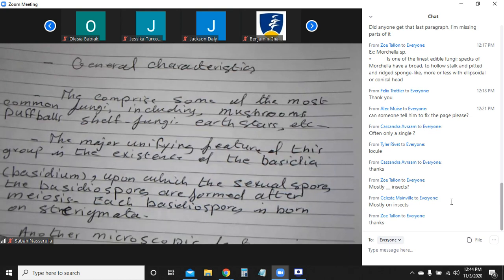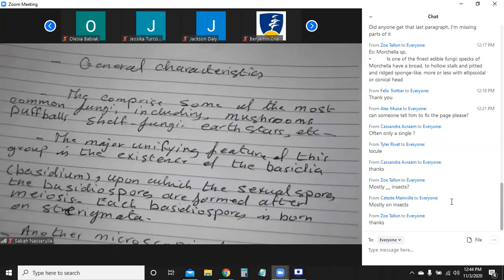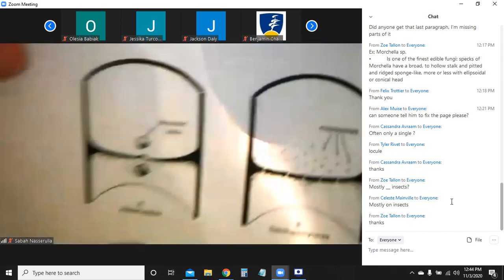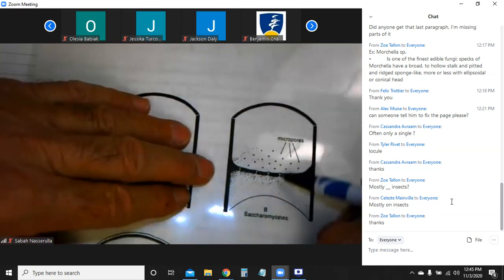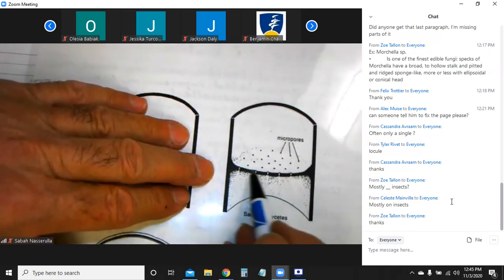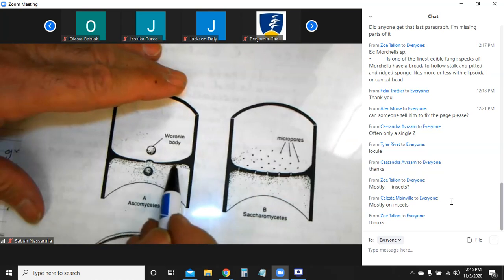Now, there is also a third character, which is regarding the pore, as it shows to you here. Okay, now, this is a cell to show you the difference. This is a cell, and here you have the septa.